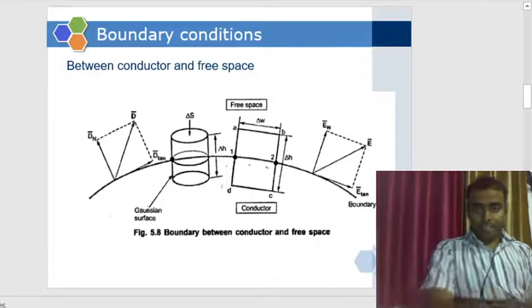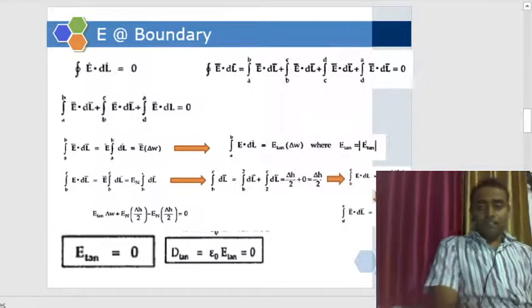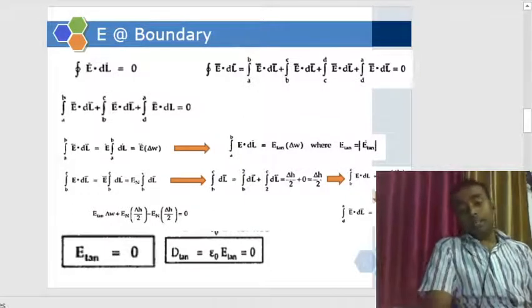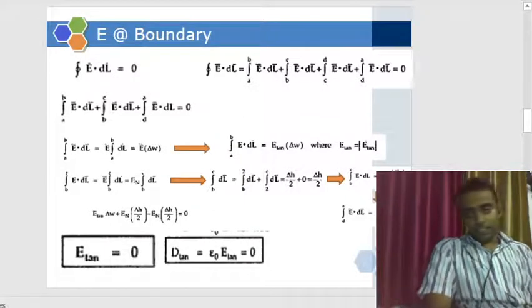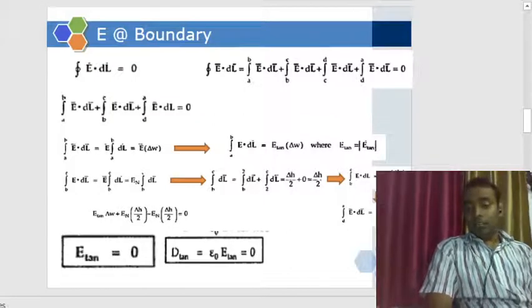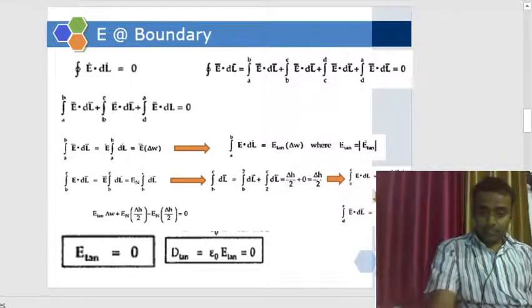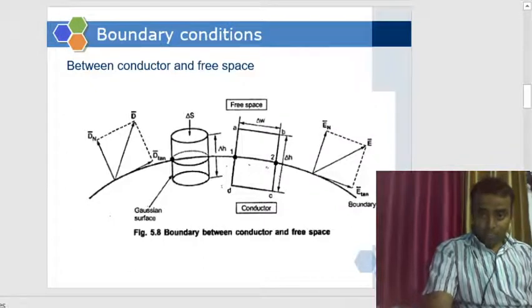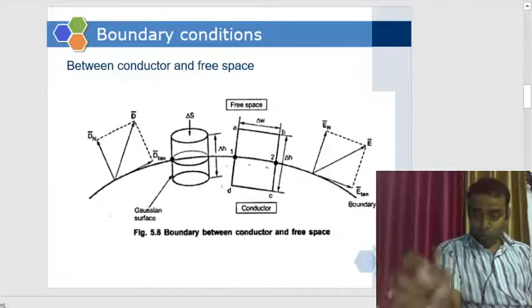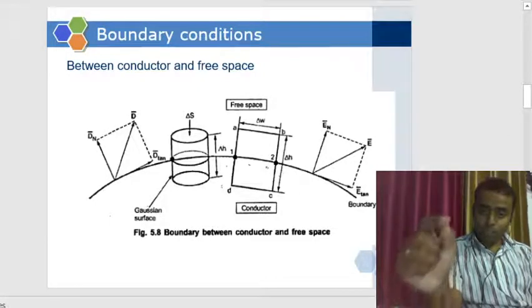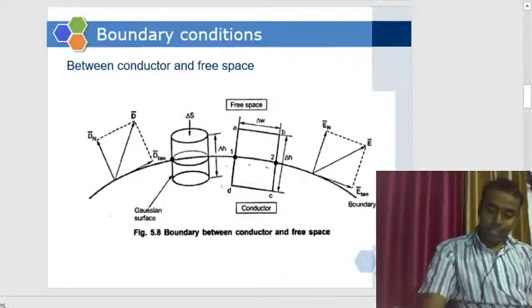Fine. Similarly, as I have already discussed, the line integral of E dot dl is A to B plus B to C plus C to D plus D to A is equal to 0. And we can divide B to C into B to 2 and 2 to C. Similarly, D to A can be divided into D to 1 and 1 to A. Fine.